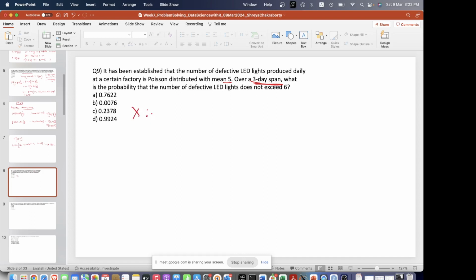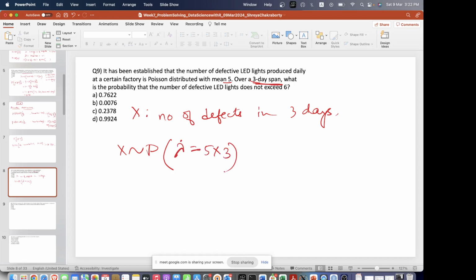So X should be the random variable, the number of defects in 3 days. Then X also follows a Poisson with lambda equal to 5 into 3, so this would be Poisson 15. Then probability that the number of defective lights does not exceed 6 means probability X should be less than or equal to 6. It shouldn't exceed 6.